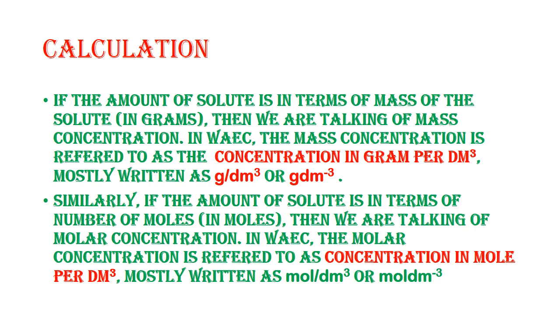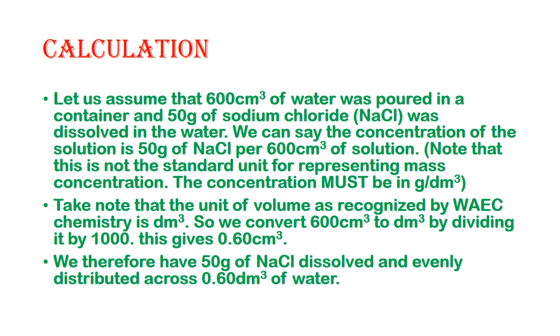But for mass concentration, we refer to it as concentration in gram per dm cube. That is the standard. So you don't call it mass concentration, you call it concentration in gram per dm cube. You don't call it molar concentration, you call it concentration in mole per dm cube.